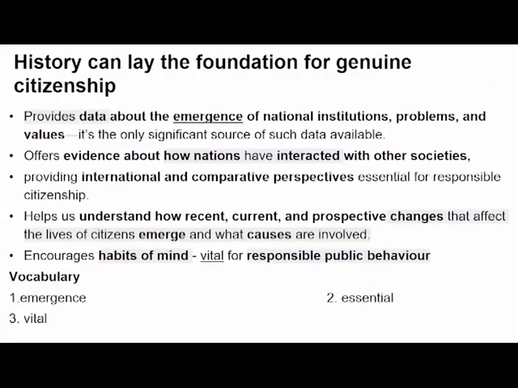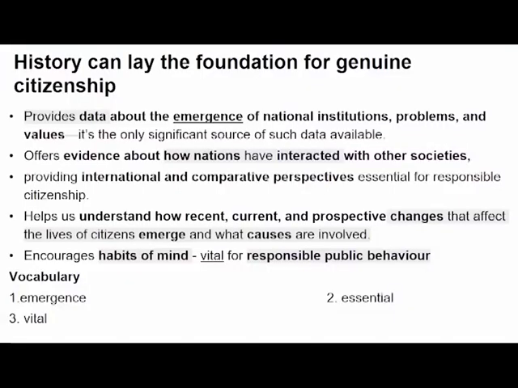Now let's have a look at how history can lay the foundation for genuine citizenship. And as you can see, it all has to do with how we look at the past, not just at the educational philosophies, but also at history in general and how it influences the life we live today.